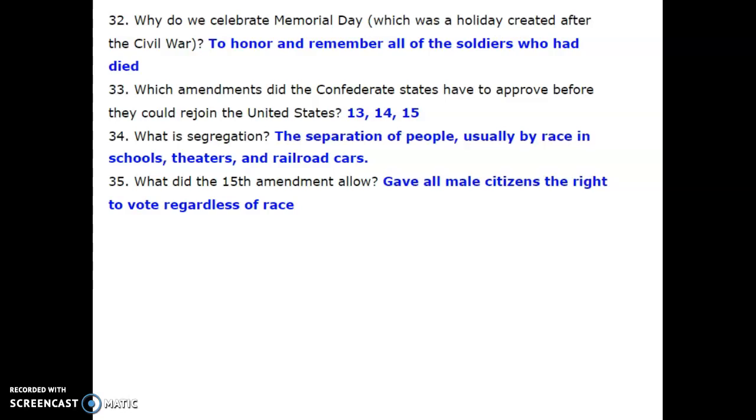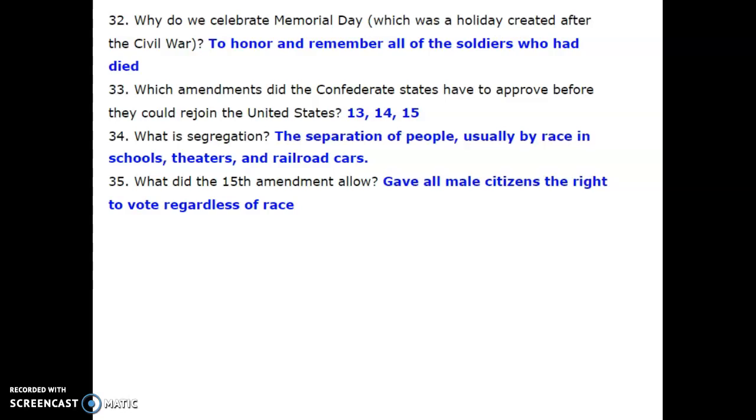Number 34, what is segregation? The separation of people, usually by race, in schools, theaters, and railroad cars, and of course this will become the way of life in the South following the Civil War. Even though slavery is abolished, they are now legal citizens of the United States, and all males, including freed slaves, are given the right to vote.